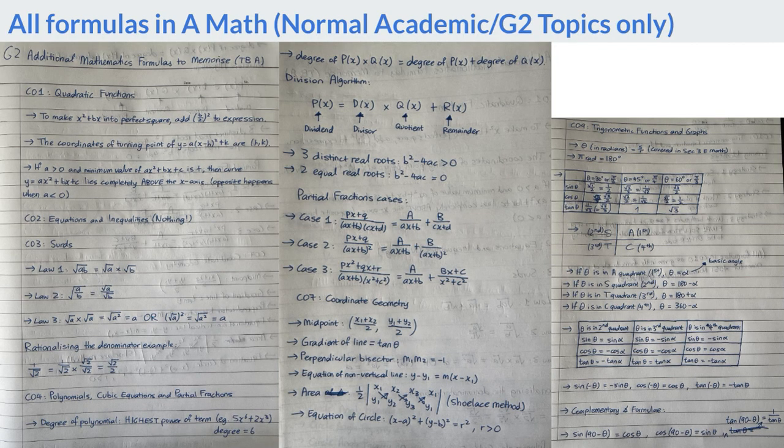Anything real and distinct, b squared minus 4ac is more than 0. How do I know it's b squared minus 4ac? Go and look at the quadratic general formula in your E-Maths textbook 3a again. For 2 equal real roots, b squared minus 4ac equals 0.